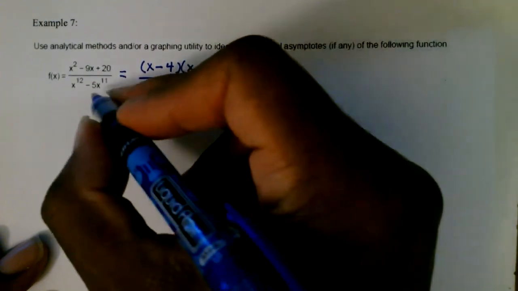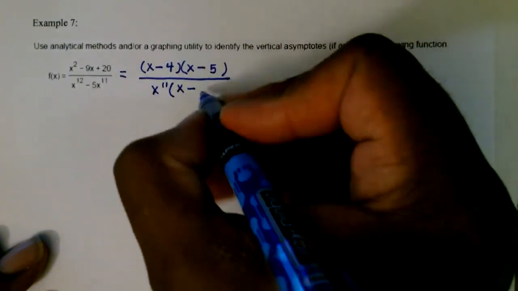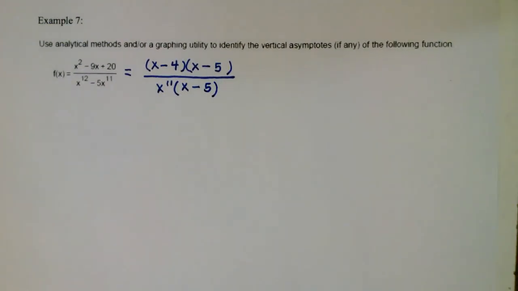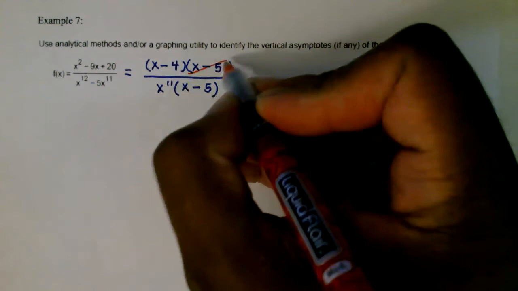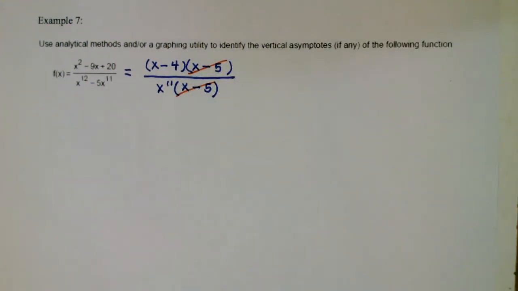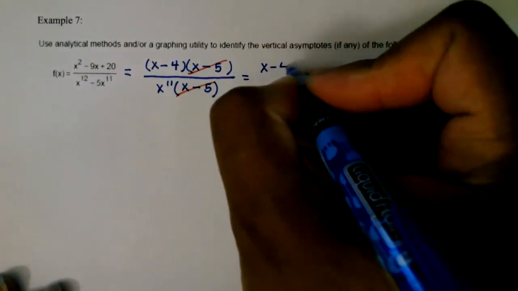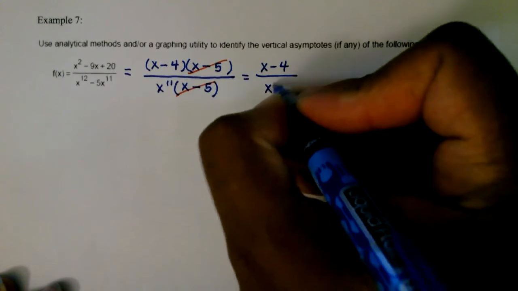And then minus 5x to the 11th divided by x to the 11th would be 5. All right, and in this case here, I can divide out common factors here, which is the x minus 5. They're gone. So I'm left with x minus 4 divided by x to the 11th.